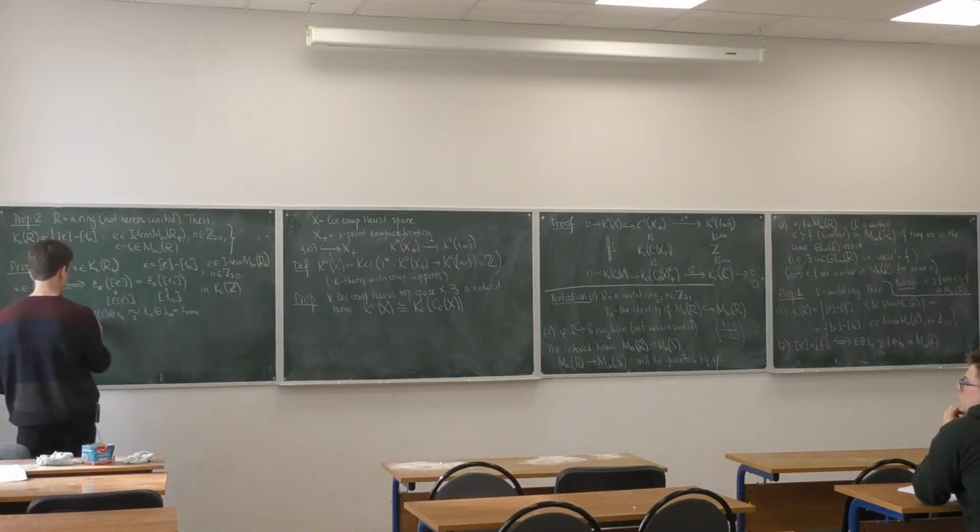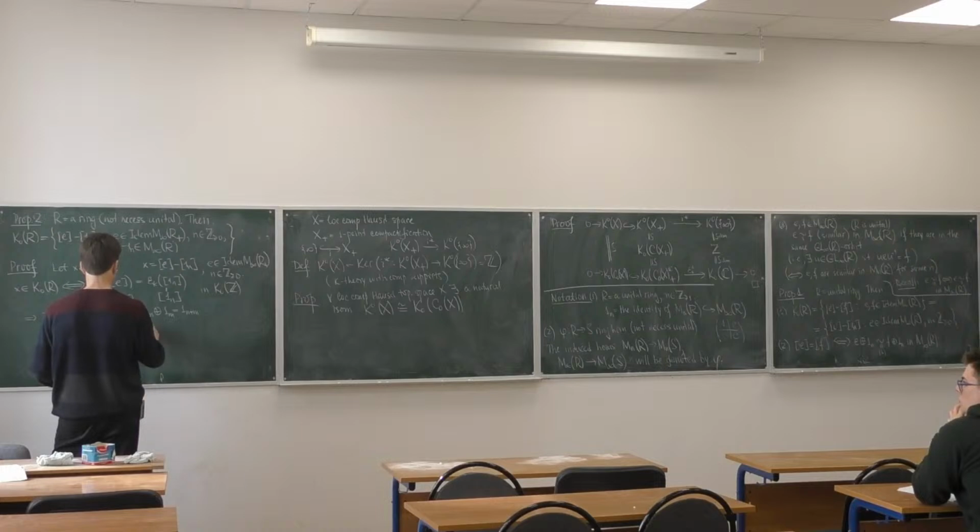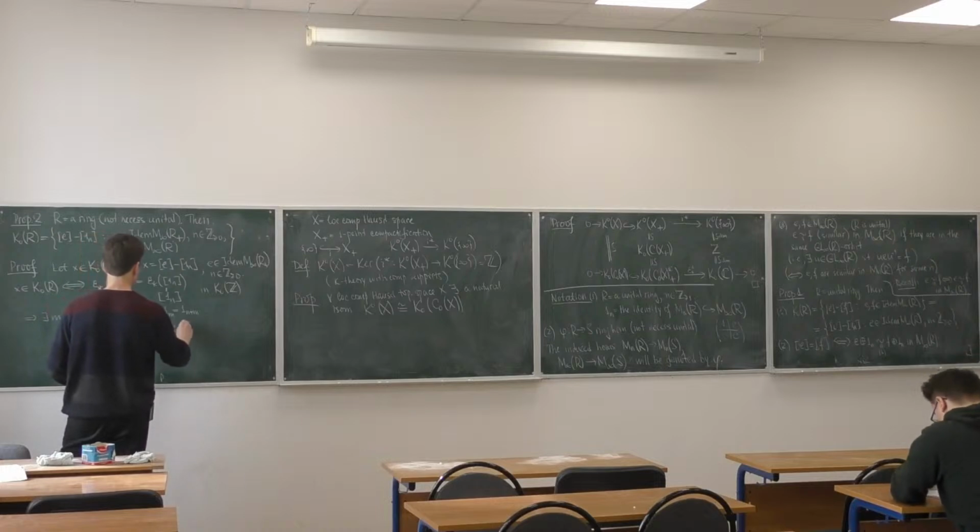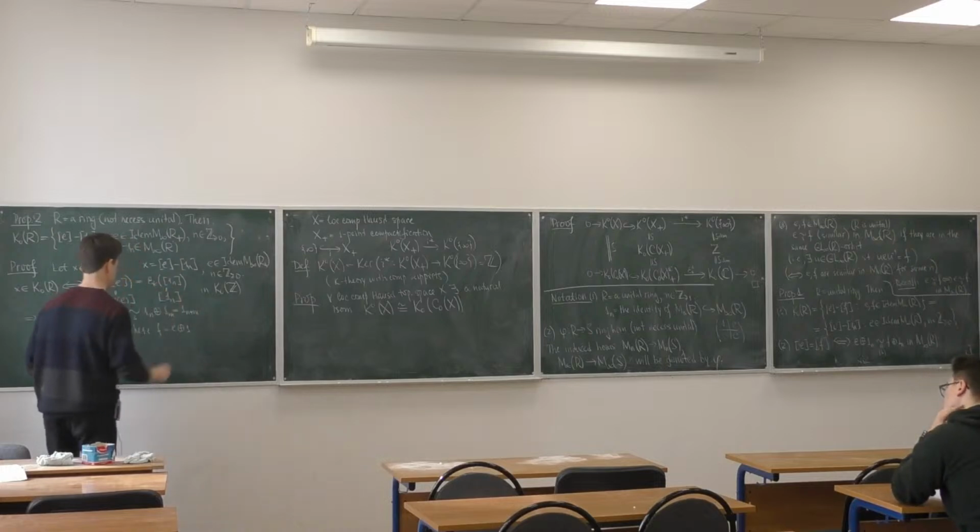Okay, so what's this? Epsilon of E can be written as epsilon of f, where f is E plus 1m.